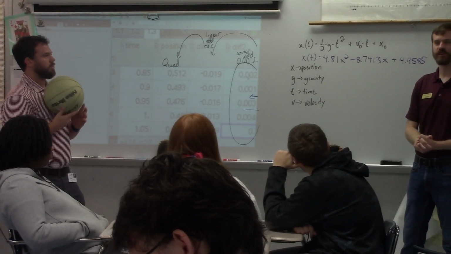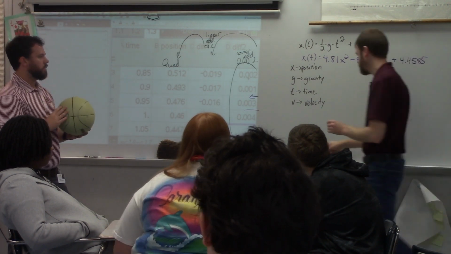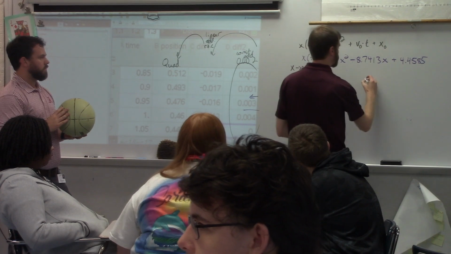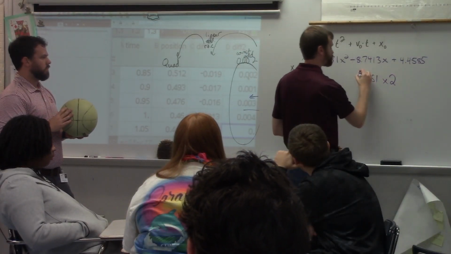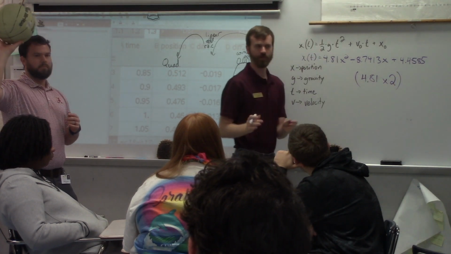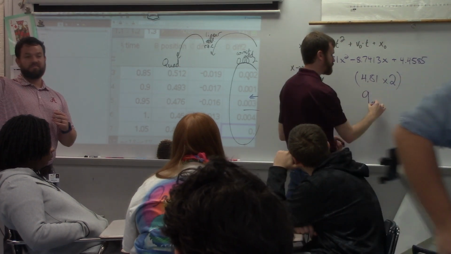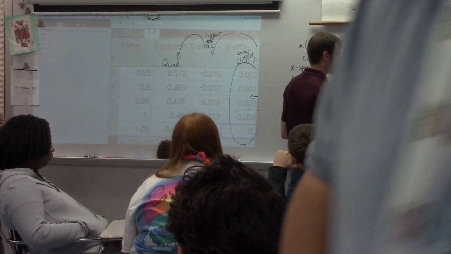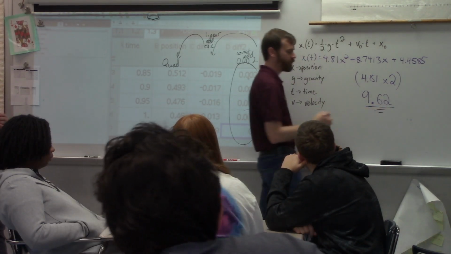It's an oddly specific number if you've had physical science or physics. What is 4.81 times 2? I'm saying that kind of arbitrarily, but what is that about? 9.62. Is this number familiar to some of you?